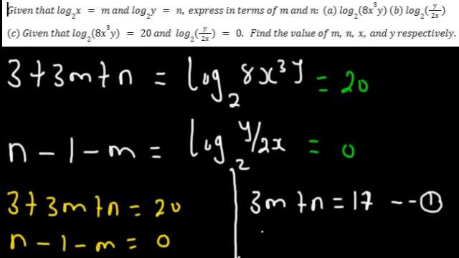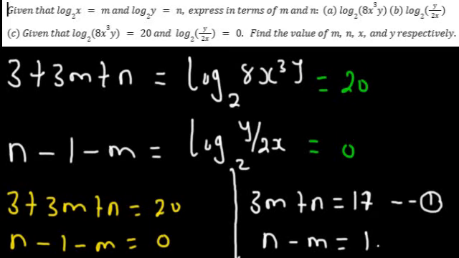Now for the second part, which is n minus 1 minus m, I would like to add 1 to both sides so as to keep everything intact. So n minus m will indeed equal 1, because 0 plus 1 is positive 1.